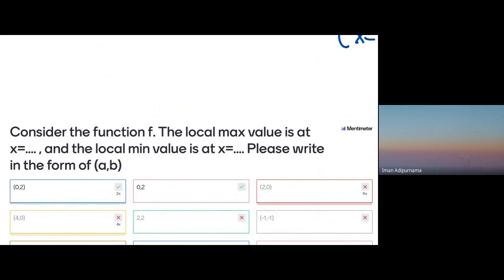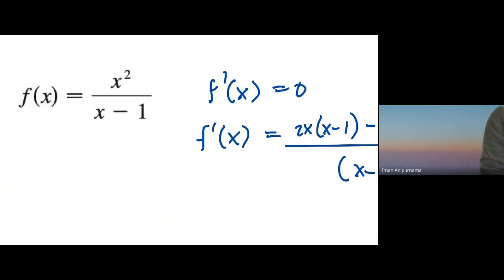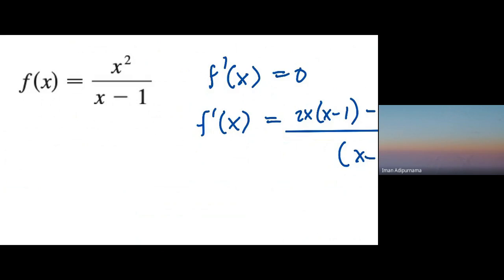I already prepared to have bracket or none. If you forget to write bracket, is it still correct? Okay. Now let's check from our function here. We have x squared divided by x minus 1.